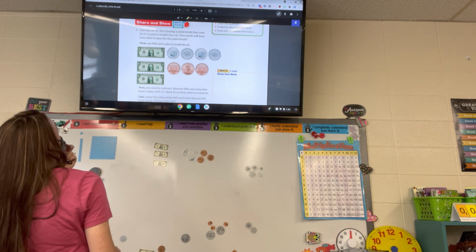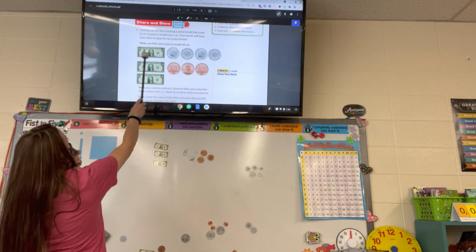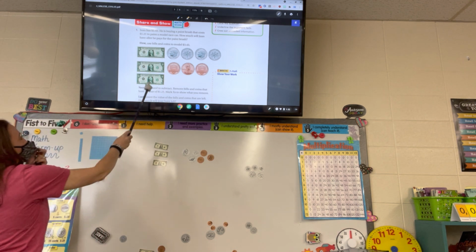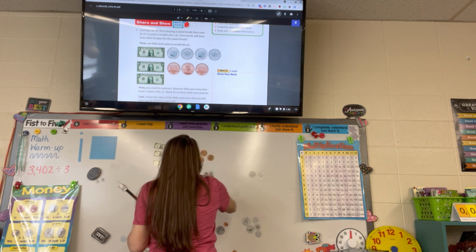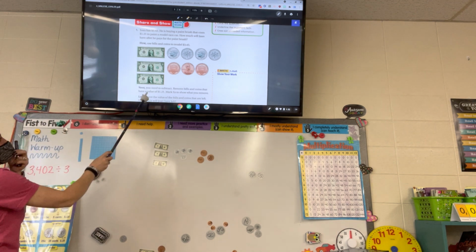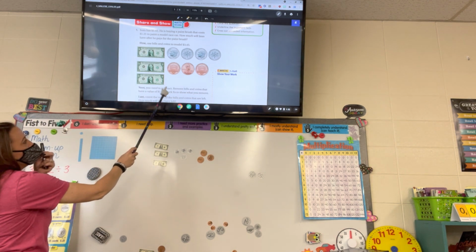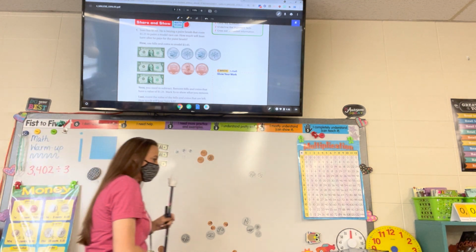How much money will Juan have after he pays for the paintbrush? It says first, use bills and coins to model $3.43. They did it differently. I'm going to do it like them. 43 cents. Okay. Next, you need to subtract, remove bills and coins that have the value of $1.21.